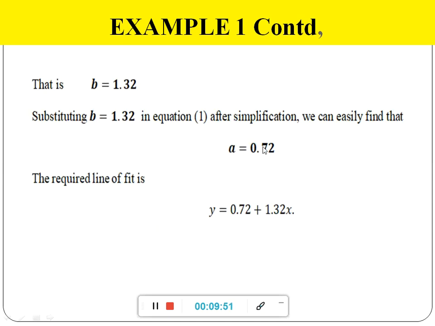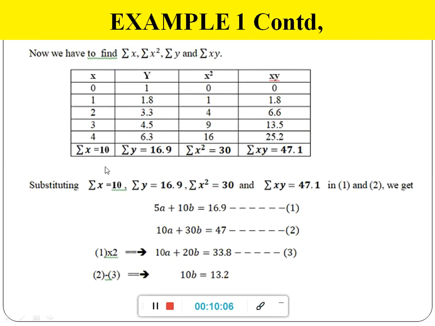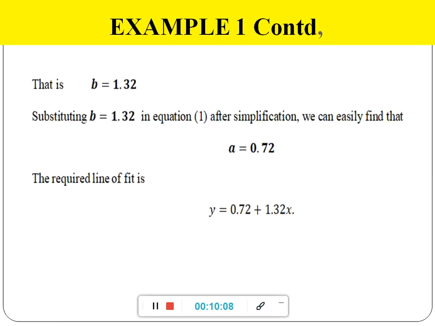We can easily find the value of a equal to 0.72. Now we know the values of a and b. So what is the model equation here? y equal to a plus bx. Substitute the values of a and b here. We get the best fit y equal to 0.72 plus 1.32x.